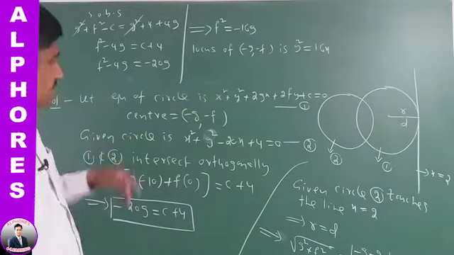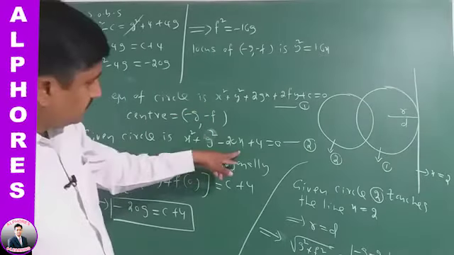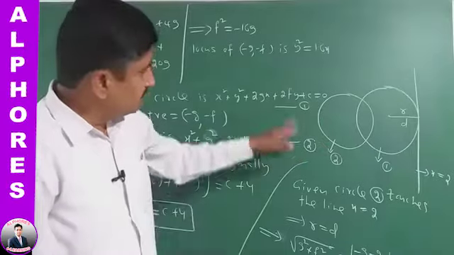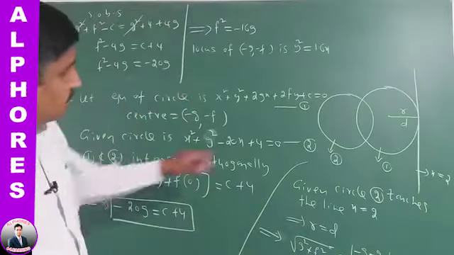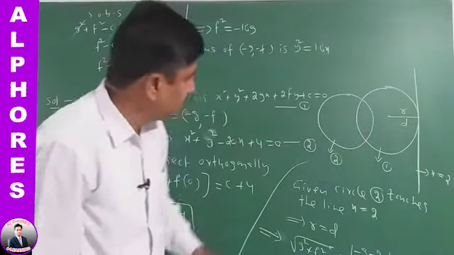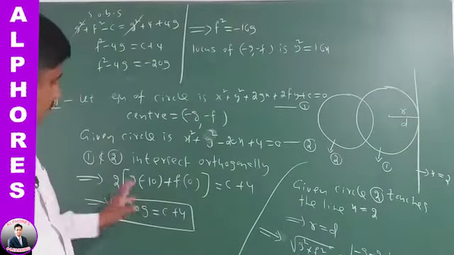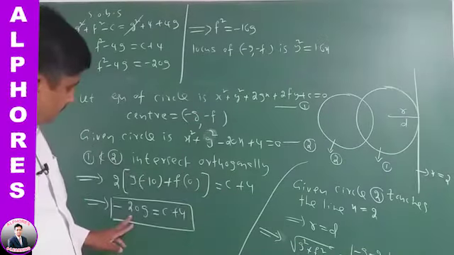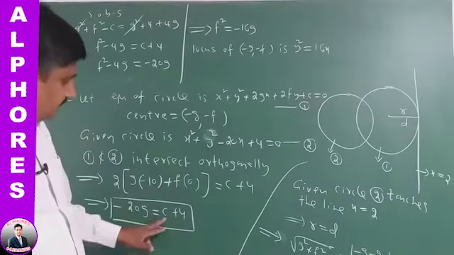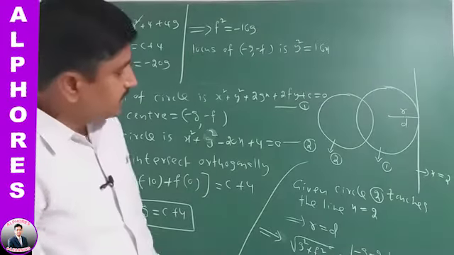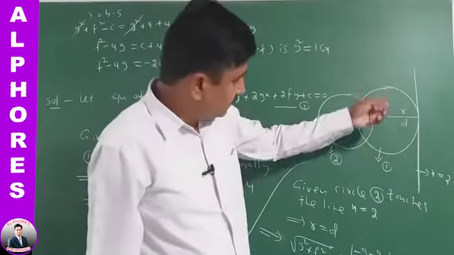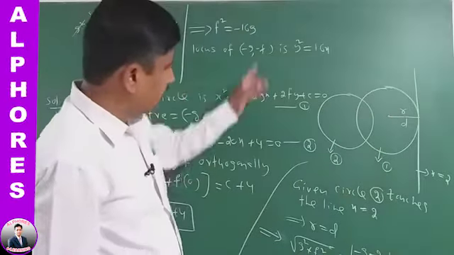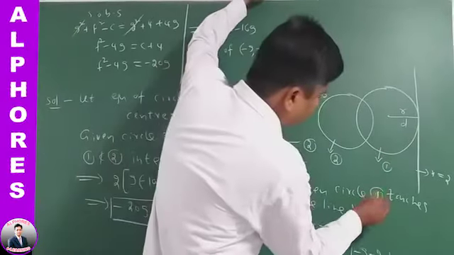Now the given circle is x² + y² − 20x + 4 = 0. Let them be 1 and 2. Here 1 and 2 intersect orthogonally. Then according to the condition 2gg' + 2ff' = c + c', we have −20g = c + 4. Now another condition given: circle 1.